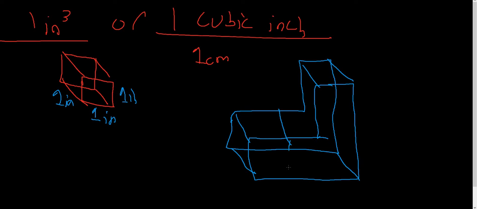And let's just say that along the bottom there are 3 cubes, something like this, okay? So imagine that each of these cubes is 1 inch by 1 inch by 1 inch.